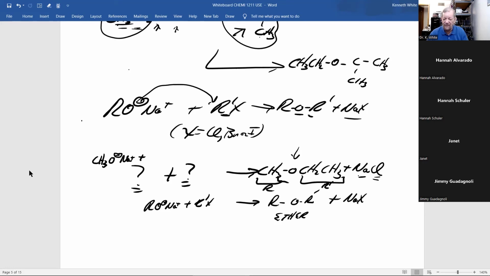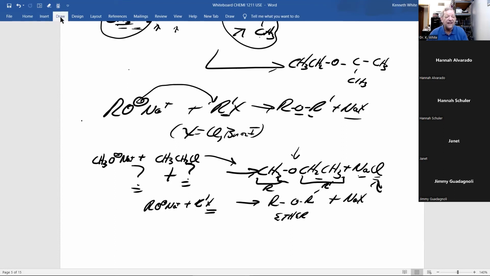R prime right here is ethyl. And what's the halogen here? Well, I gave the salt, chlorine, and you get that. If you react that with that, you'll get that ether.